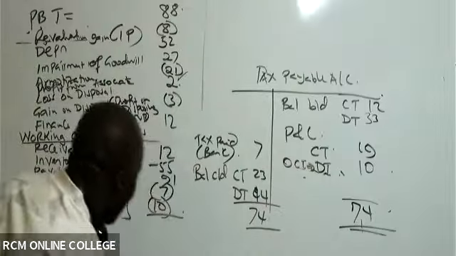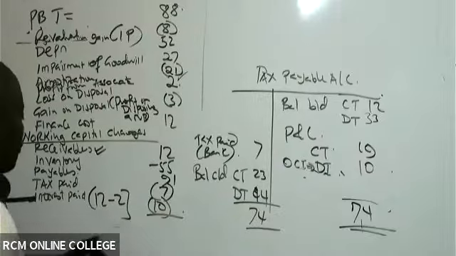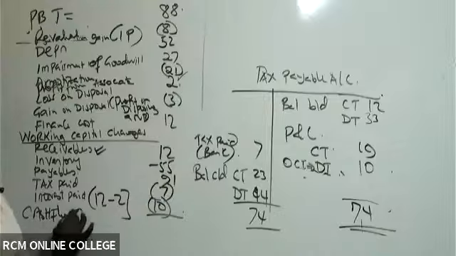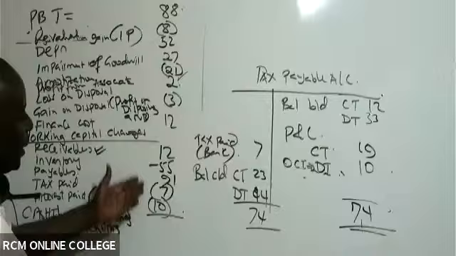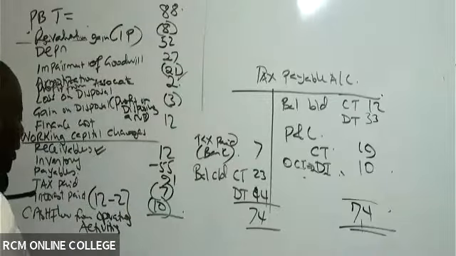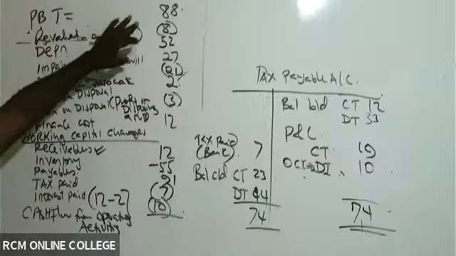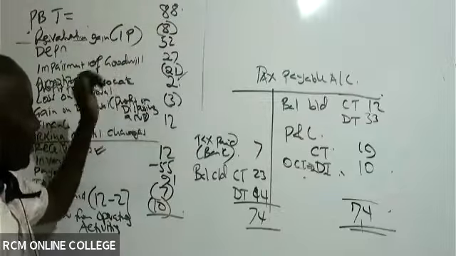So go ahead and give me the cash flow from operating activities. Remember this 10, you can still take it under financing activities, but this semester we shall do it this way. Cash flow from operating activities. How much do we have from the very beginning here? 88 minus 8 plus that, plus minus.